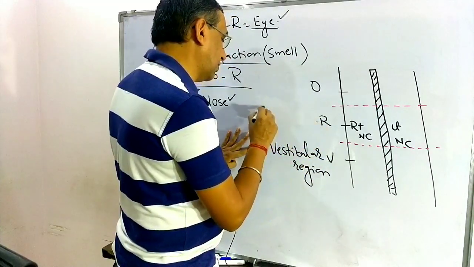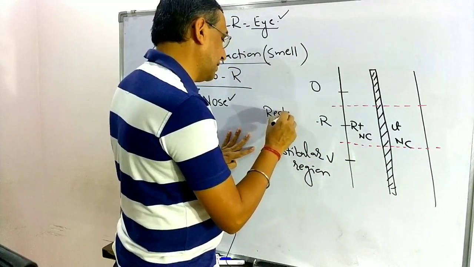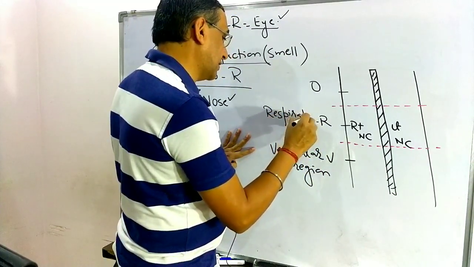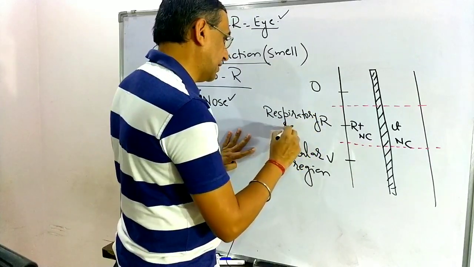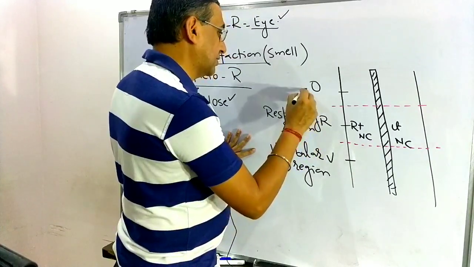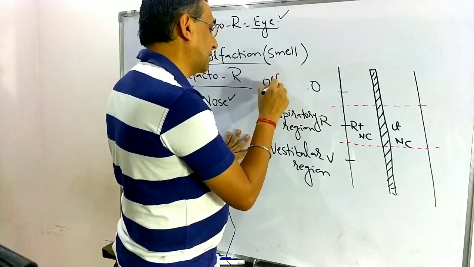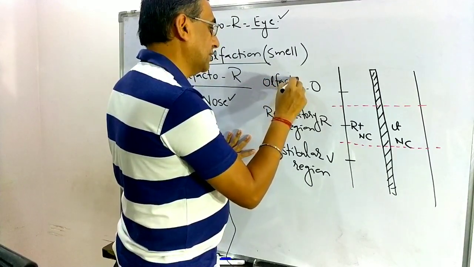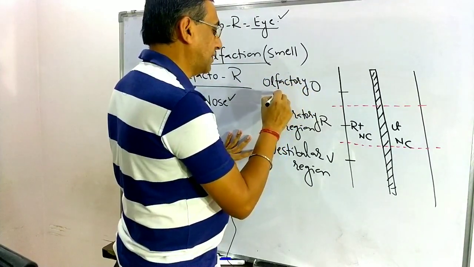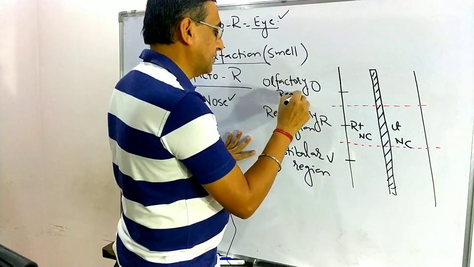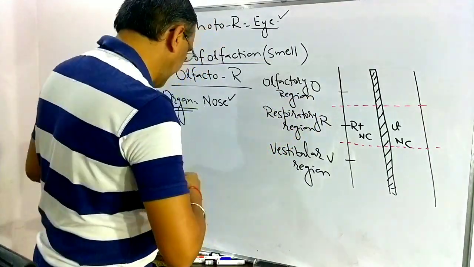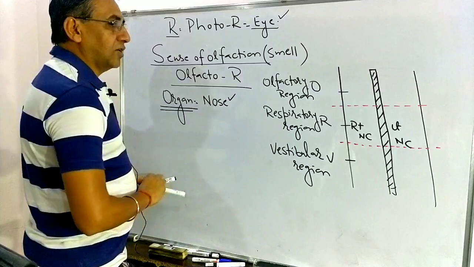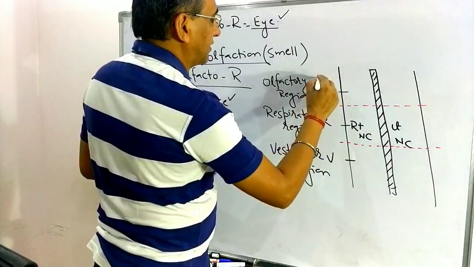Second is the respiratory region. And the third is the olfactory region. The region related with the sense of olfaction, the sense of smell, is the olfactory region.